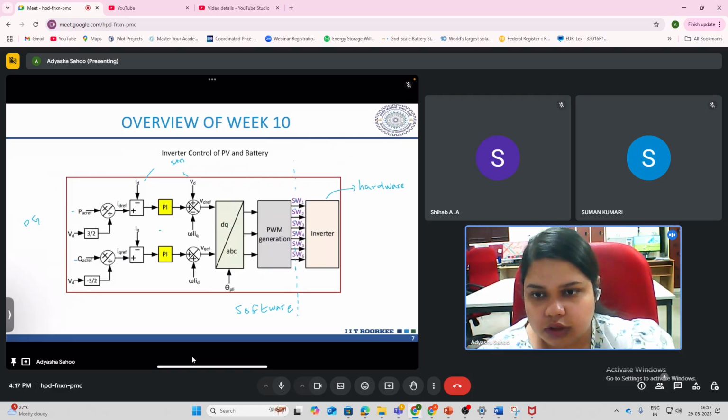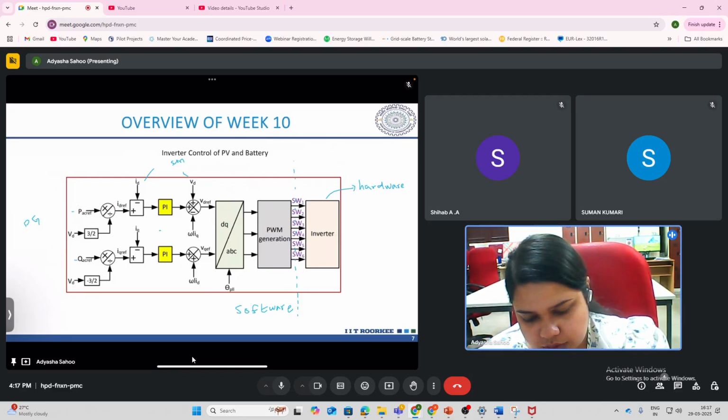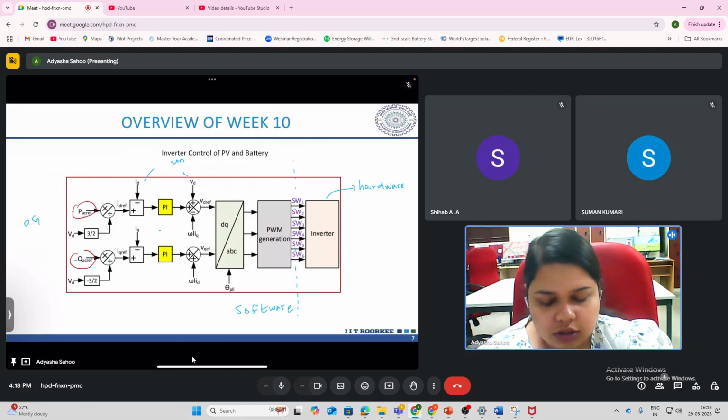So this is the inverter control of a PV battery. Depending upon this PAC ref and QAC ref, whether it is a grid connected or islanded mode of operation: if it is grid connected mode, then PAC ref will be provided by the grid and Q reference will be given by the DG. But if it is islanded mode, then both these references will be given by the DG.